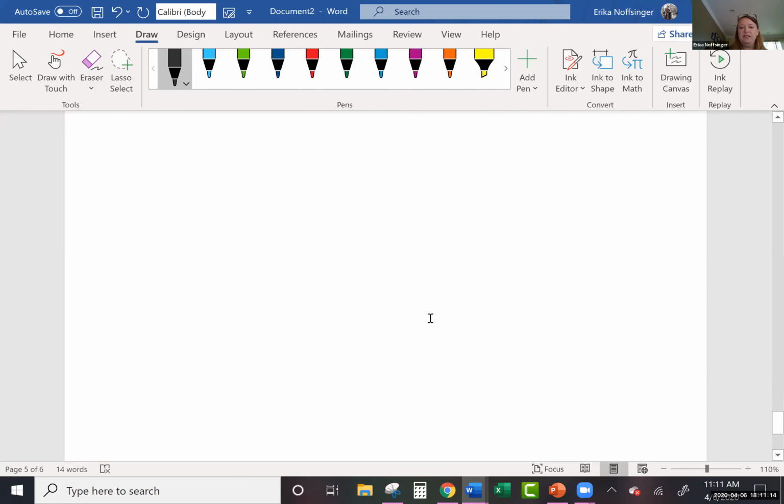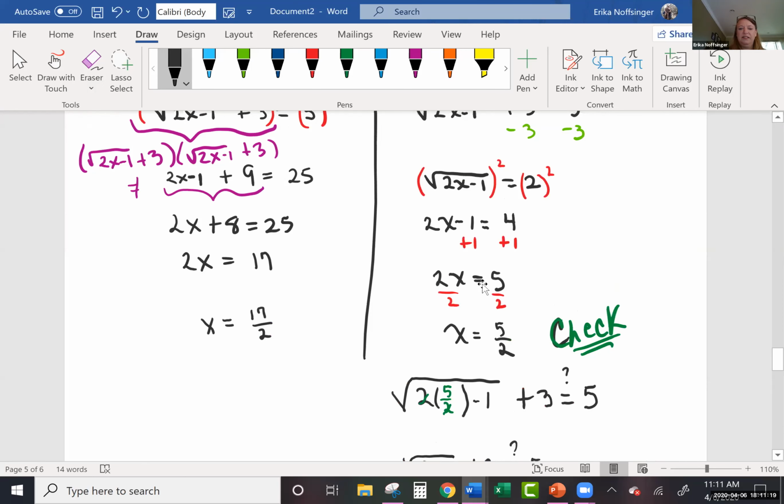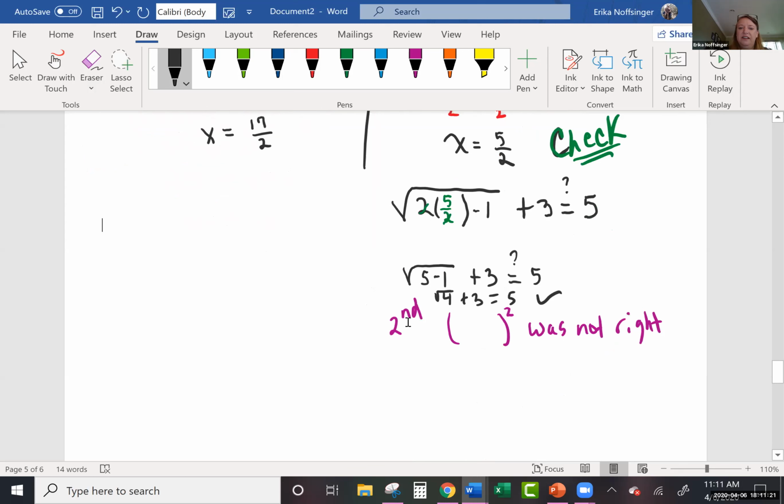Where did my third thing go? I can't find where my first thing was that went wrong. So the third thing that went wrong for the student was they did not check.